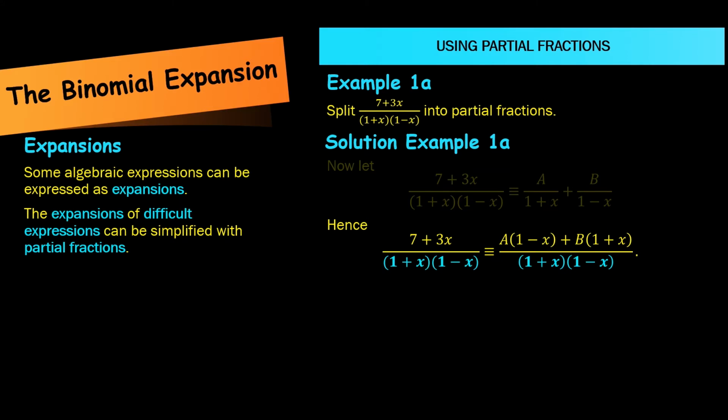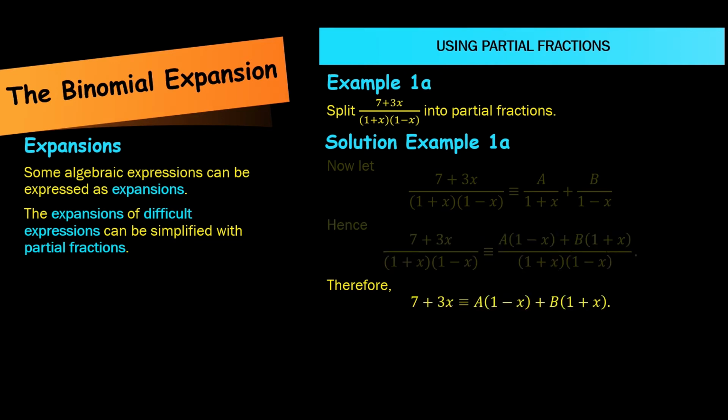Notice that the denominators on both sides of the identity are the same. Therefore, we can conclude that the numerators are identical also. We are going to proceed and try to find the values of a and b.